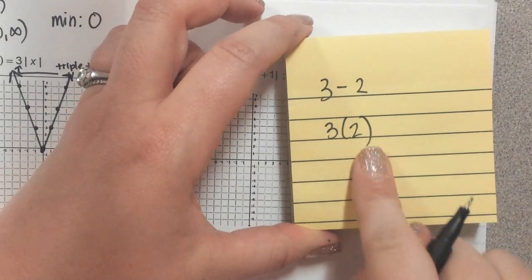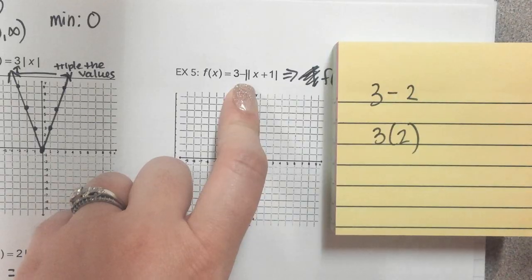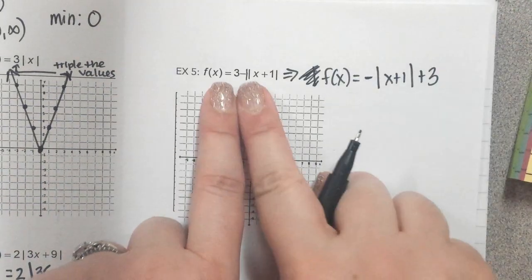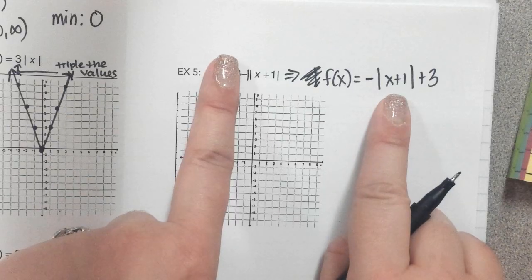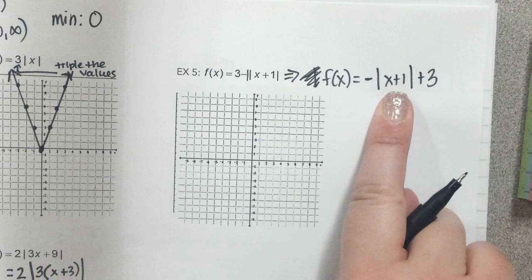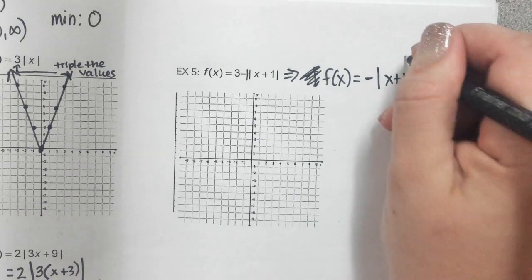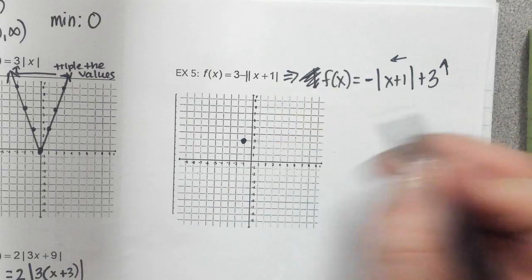They're different things. It's just that instead of the number 2, I have an absolute value. 3 minus 1 absolute value of x plus 1. So this one's shifted left 1, up 3.